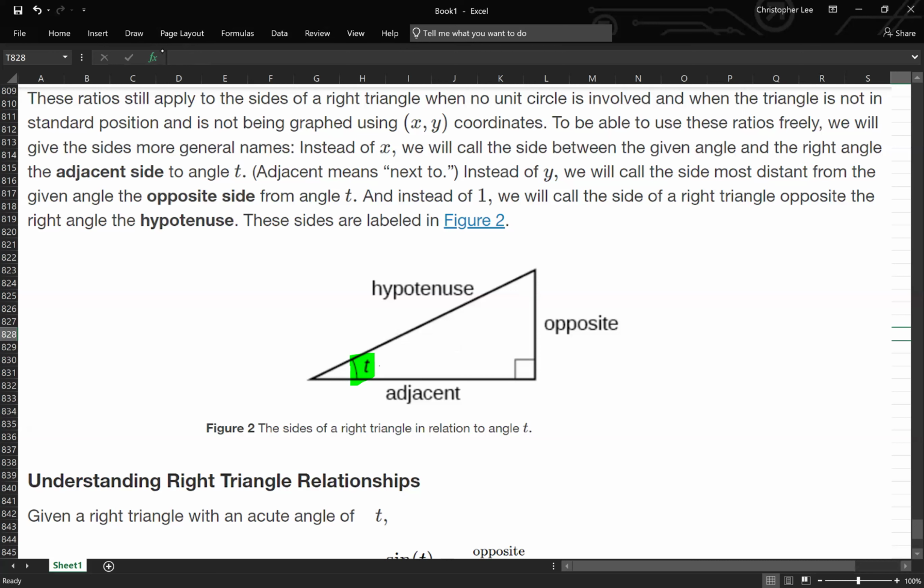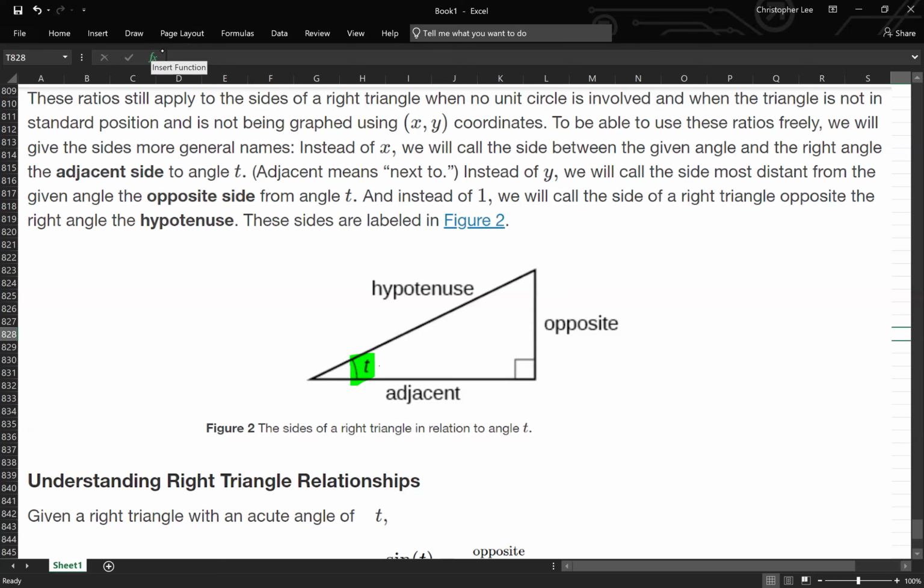And always and forever, the slanted line, the longest line, will always be your hypotenuse, right? So these are the legs of the triangle, right? Longest line, slanted line is the hypotenuse. Opposite the 90-degree angle is the hypotenuse. It's another way to think of it, right?